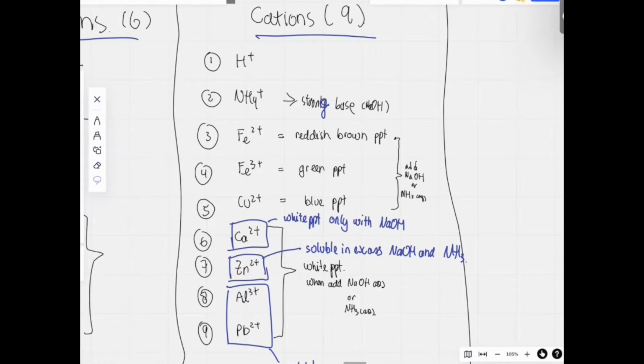H plus is acidic. How to test? Litmus paper, from blue to red. Good.